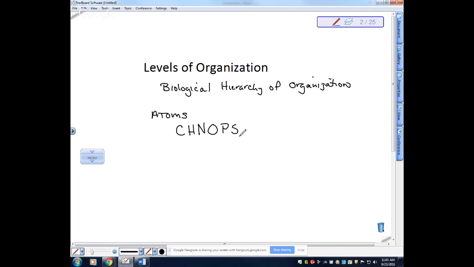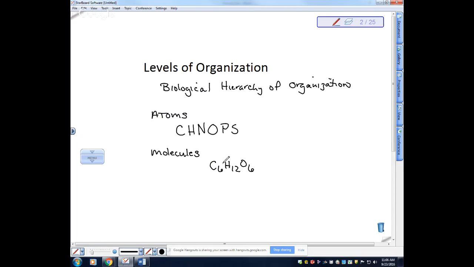So when we look at the next level, we can talk about molecules. And sometimes in chemistry, they make the distinction between molecules and compounds. And we are not going to do that in biology. So we're going to say that molecules are atoms that are bonded to one another to make up a higher structure. So for example, we could have C6H12O6.